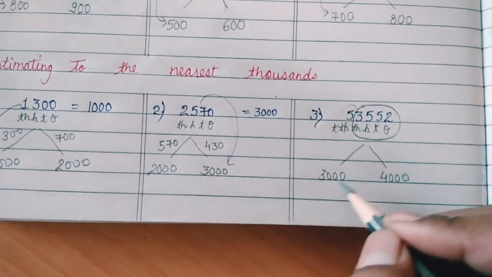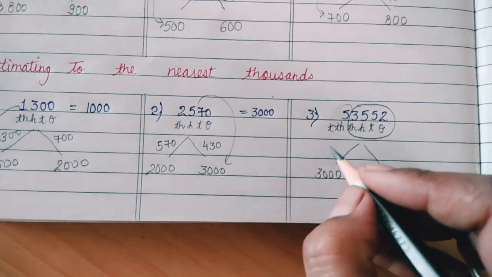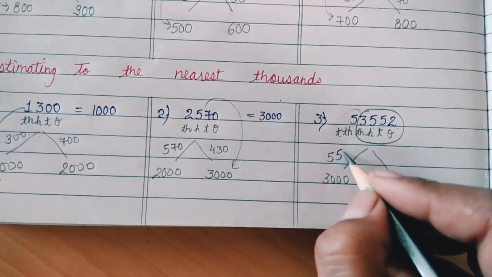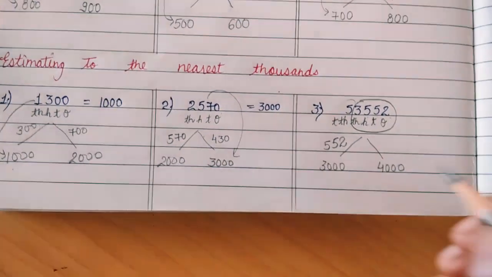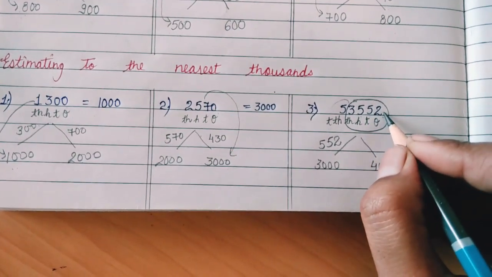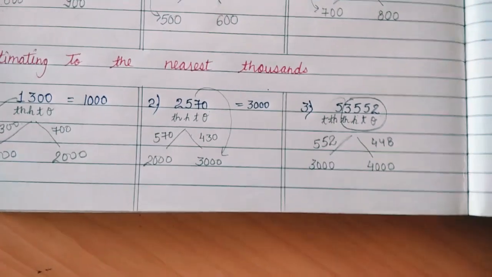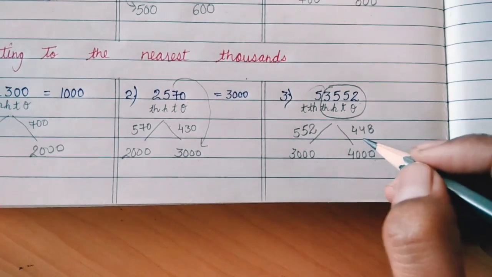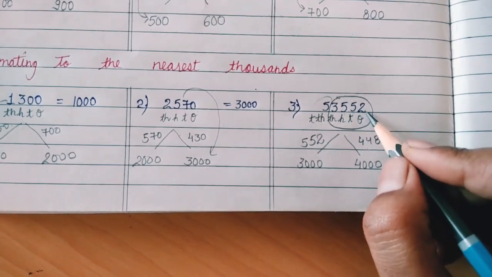For getting 3,552 from 3,000, we have to take 552 steps. And when we are moving from 4,000 to get 3,552, we have to take only 448 steps. So here we got fewer steps to get 3,552.